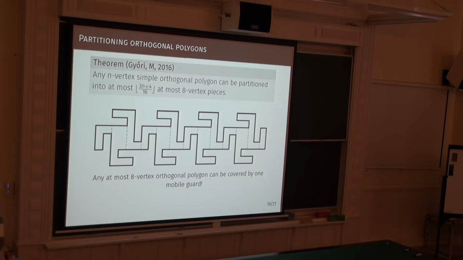Well, clearly, a polygon with at most 8 vertices can be covered by one mobile guard, either a vertical one or a horizontal one. Since this is a partition, the fact that the patrols are non-crossing is trivial. And also, you only really need vision at the endpoints of the patrols.